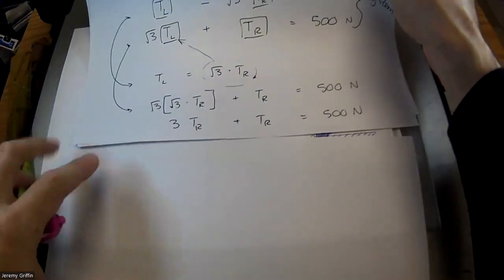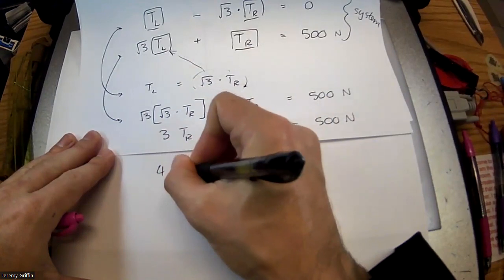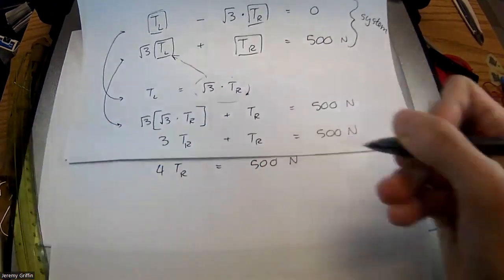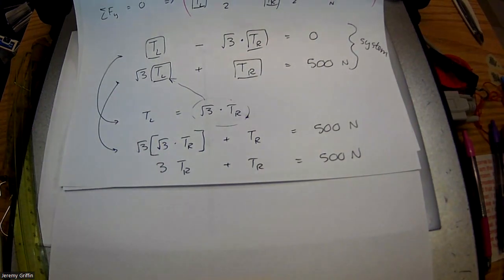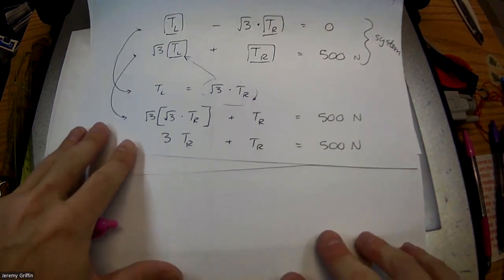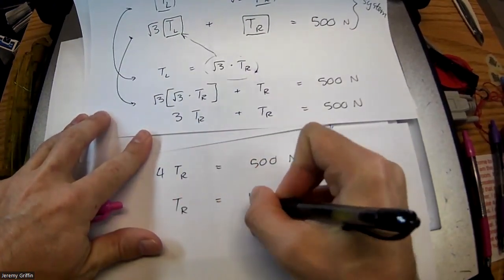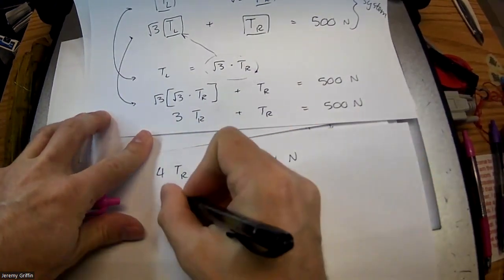I can combine those, right? So I've got 4 times tension on the right side equals 500 newtons. Divide both sides by 4: 125. So tension on the right side is 125 newtons.